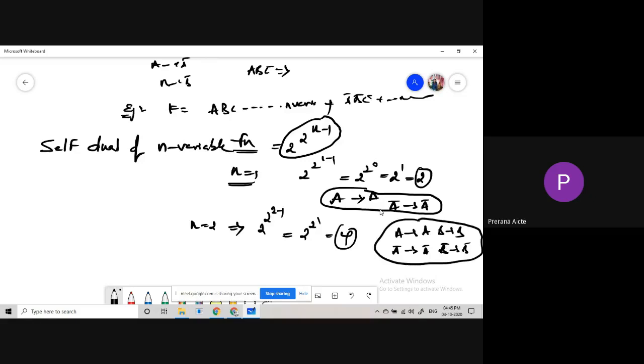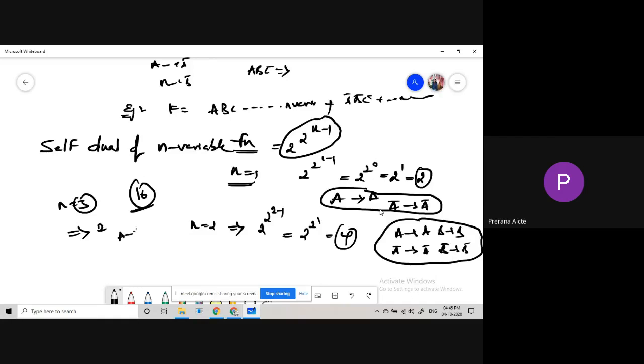Is it okay? Yes, sir. If you are using n equal to 3, what is the value we are getting? 2 power 4, or 2 power 3? 16. Yeah, 16 possibilities are there. So what are they?